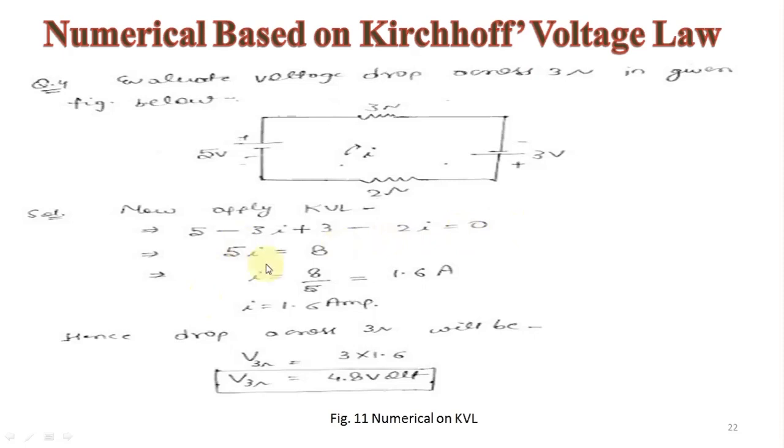By solving this, we find out the value of the current, that is 1.6 ampere, and the voltage drop across this 3 ohm resistor is V is equal to I into R. Here I is the total current of this circuit, which is 1.6. So 3 into 1.6 gives the value of the voltage drop across this 3 ohm resistor, V 3 ohm.